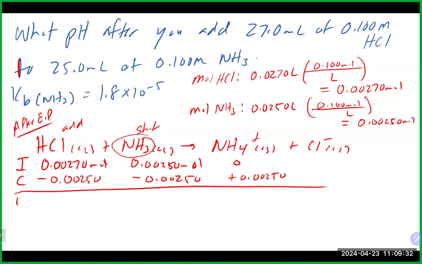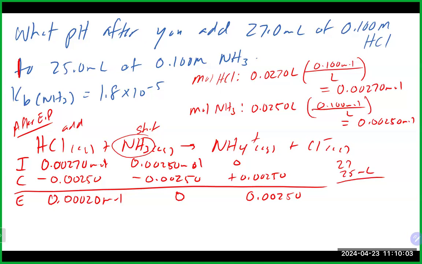That means here 0.0027 minus 0.0025 is going to give us 0.00020, I think, moles. And we'll have 0 here, 0.00250 in this case. We are going to convert back into molarity by our total volume, which is our 27 and our 25 milliliters there.